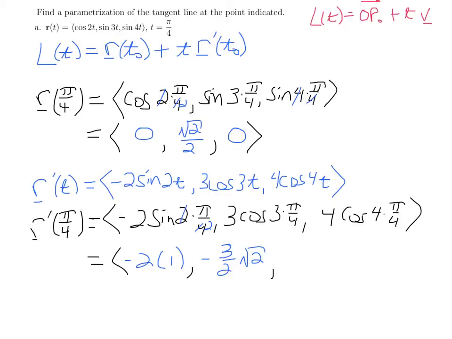And let's see the last one. The 4's canceled, so we have cosine of pi, which is -1, and -1 times 4 gives us a -4. And so that is our direction vector in the tangent direction.